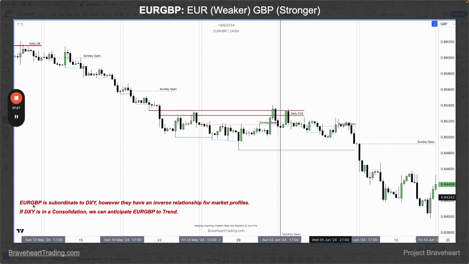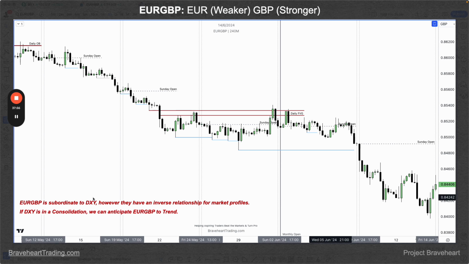So Euro GBP is subordinate to the dollar index. Why? Because the dollar index is the king currency, right? However, they have an inverse relationship for market profiles. So you don't see dollar index in here, but the relationship they have is through market profiles. That being, if dollar is in a trend, euro pound will be consolidating. If euro pound is trending, dollar will be consolidating.